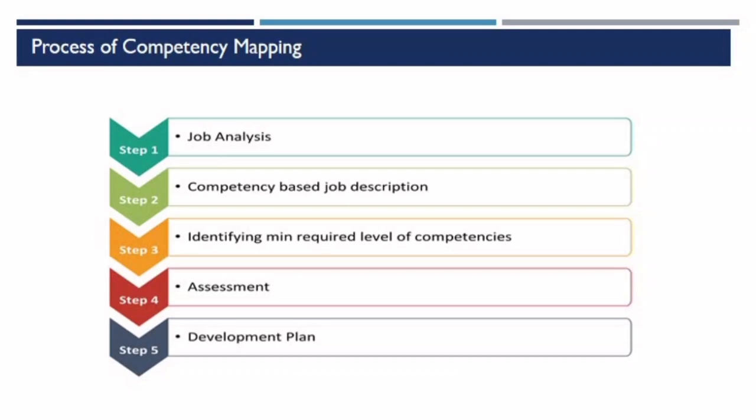By that we can find the strength or weakness of the employee, the skill and knowledge level that an employee has. From that we can identify whether the employee is up to the mark, having the level of competency required, or does not possess the level of competency that has been established in standards.